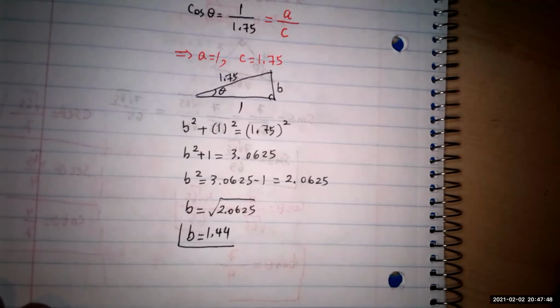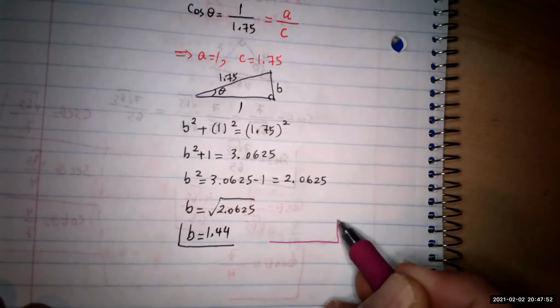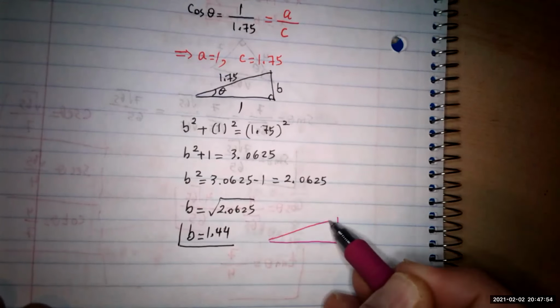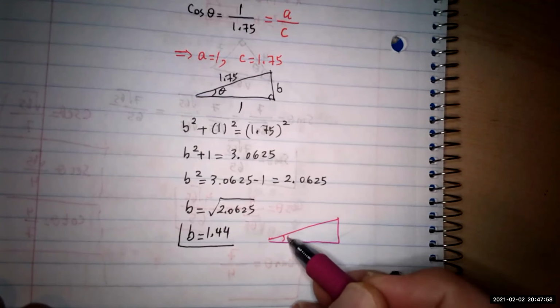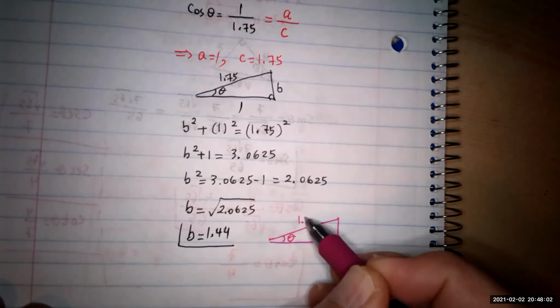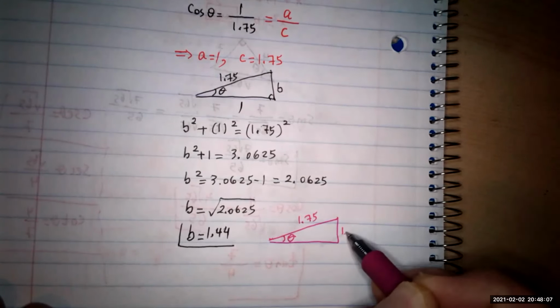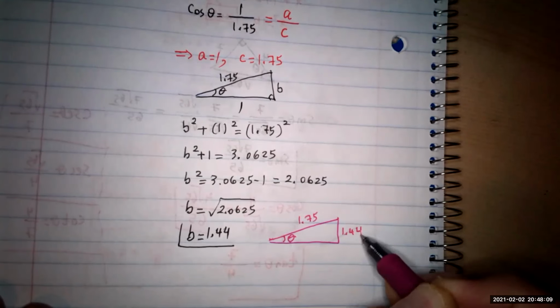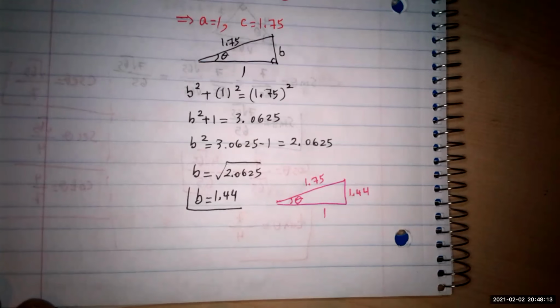So now we can find the sine. I just want to quickly give you an application, the two types of problems that we have so far. So that's your data now. This is 1.75, this is 1.44, and this is 1. Now we are ready to give you the sine.